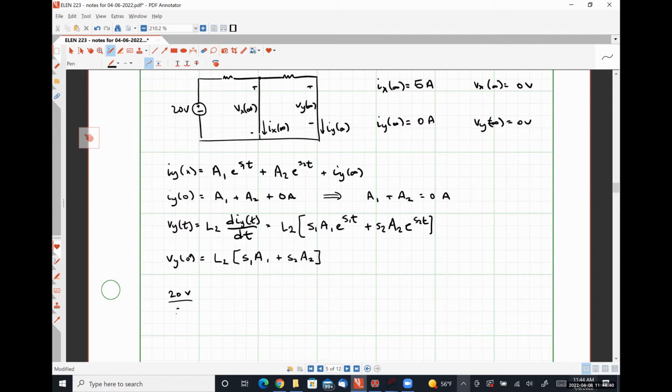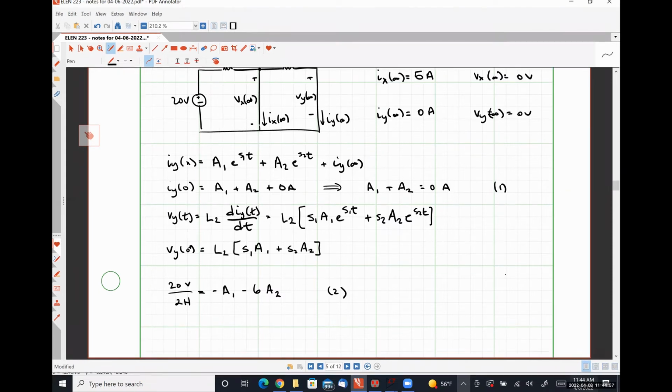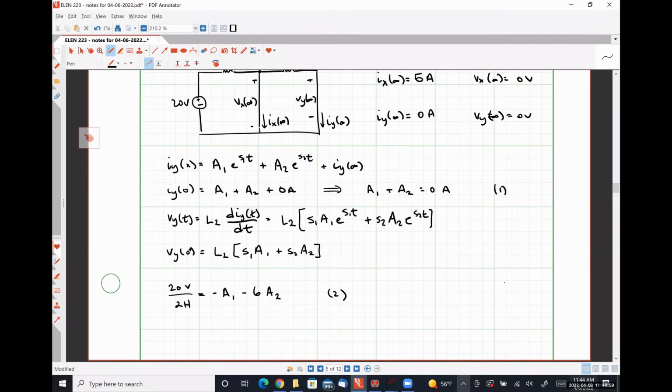L2 was 2 henries. S1 was -1, so negative A1, and S2 was -6, so -6 A2. This is equation 1. This is equation 2, and we can now solve for the quantities A1 and A2.